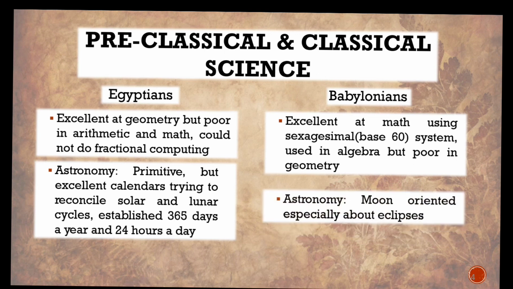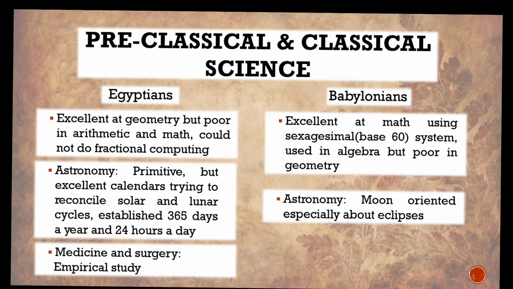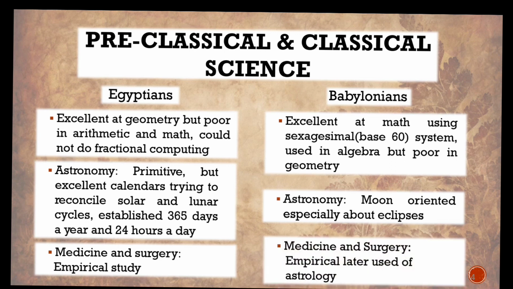For the Babylonians, astronomy is moon-oriented, especially about eclipses. Then when it comes to medicine and surgery, the Egyptians have empirical study, while for the Babylonians, it is empirical with later use of astrology.